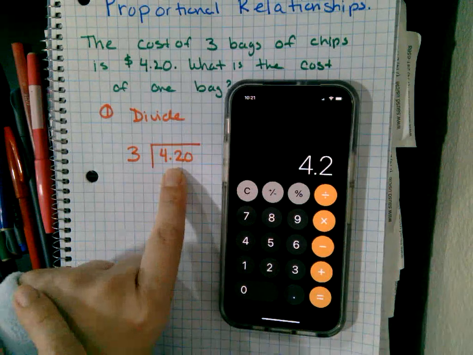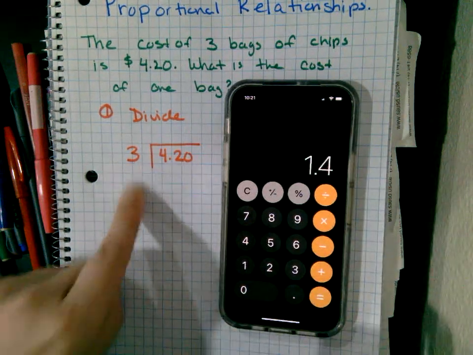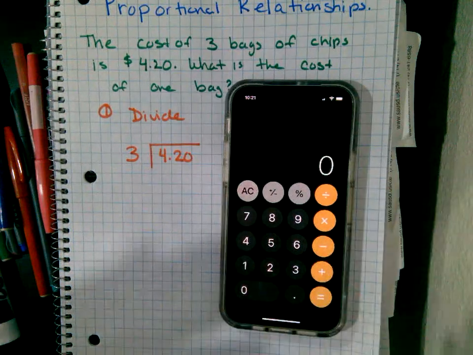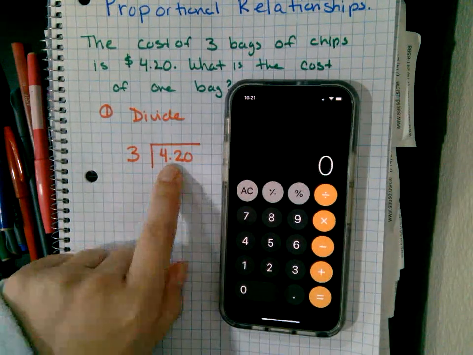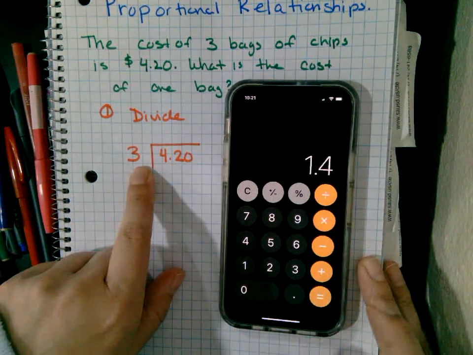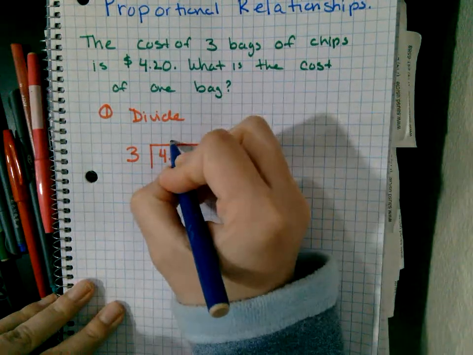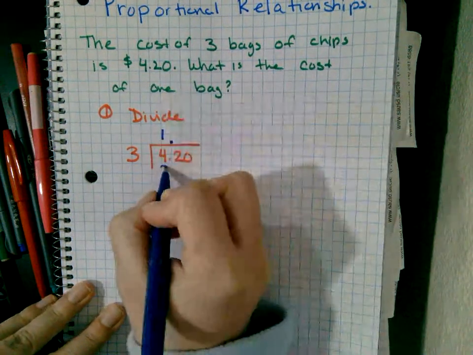So 4.2, then hit divide by 3, okay? So that's my answer. So again, if you're going to use a calculator, you plug in the inside number first, divided by 3, gives you 1.4. If you're going to do it on paper, which is perfectly fine, we're going to both get the same answer.